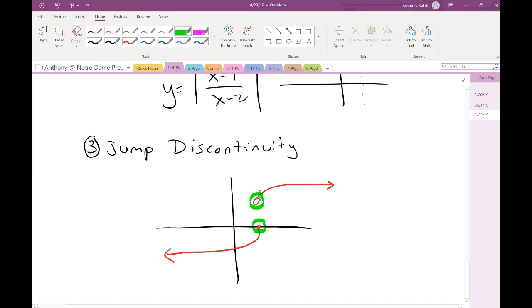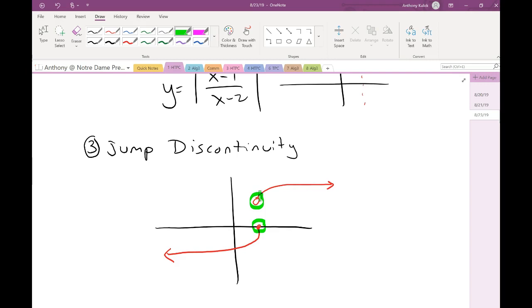Why do we need to have one open and one closed? Good. If they're both closed, it wouldn't be a function, right? Because you'd have one x with two separate y's. Could they both be open?